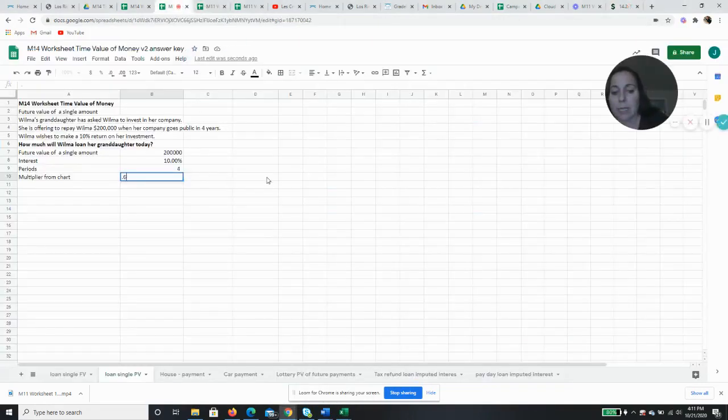And type in 0.683, then the amount Wilma is willing to give her granddaughter is $200,000 times 0.683, or $136,600. So that's the most Wilma's willing to give her granddaughter today to get $200,000 back in 4 years and making a 10% return.